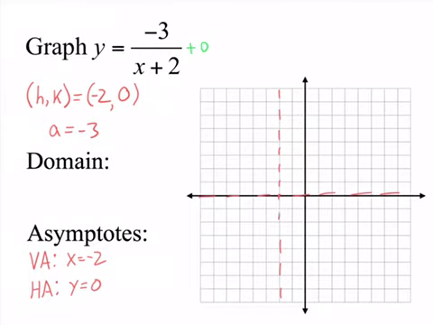Now we use our a value to plot a couple points so we can make the graph. So at negative 3, I go right 1 and down 1, 2, 3. So I'm going to dot here, and I'm going to go left 1 and up 1, 2, 3. So that would be right here and right here.